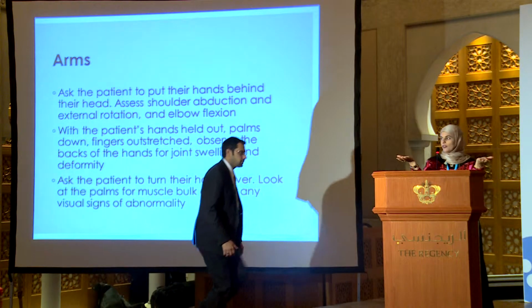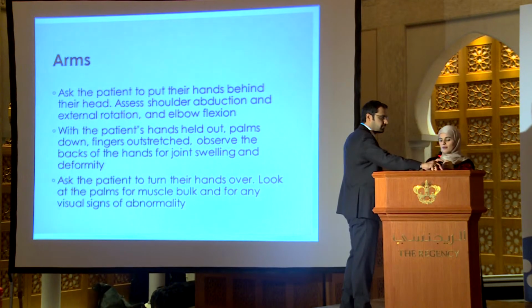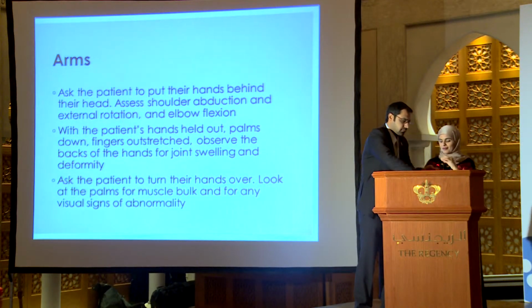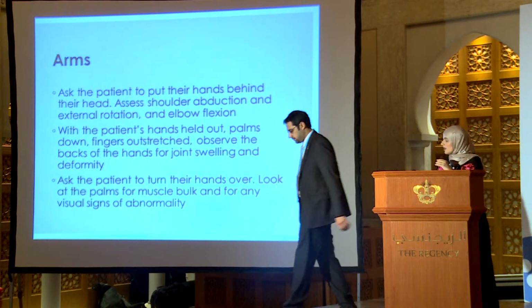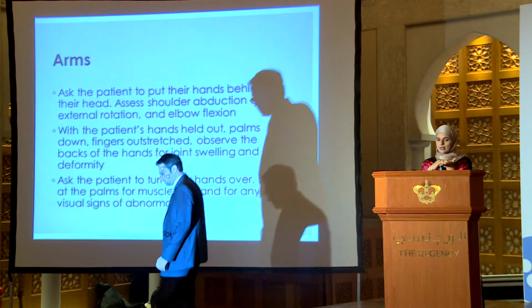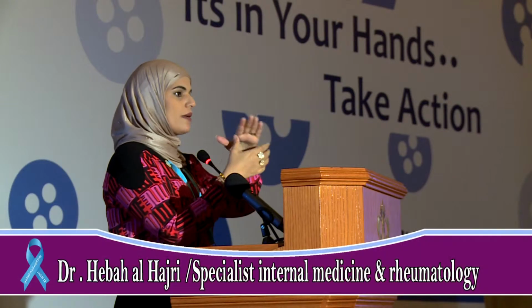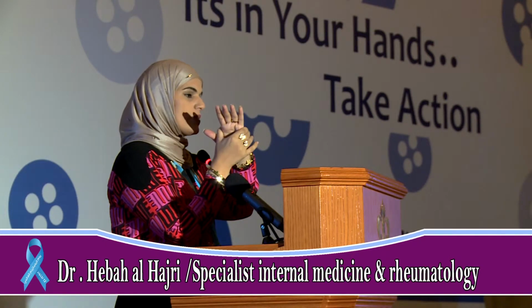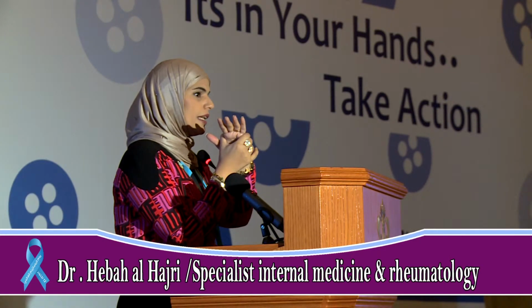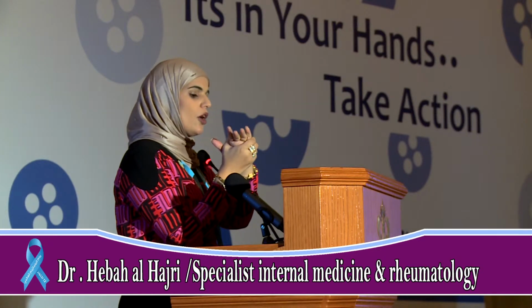Then they turn over their hands to check the muscles for any hypertrophy or abnormalities. At the same time, you can do the MCP squeeze. It's a screening test to check for inflammation of the small joints of the hand, and we really find this in our patients with inflammatory arthritis.